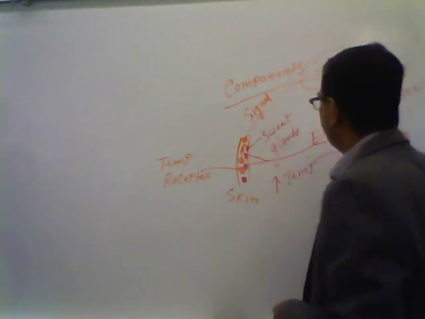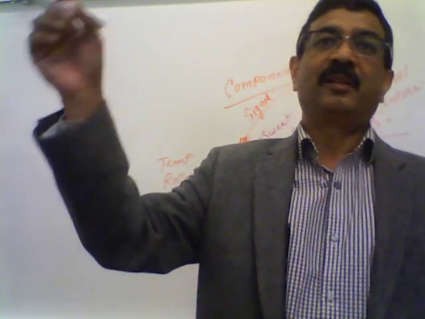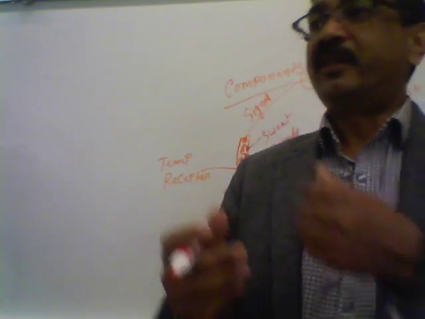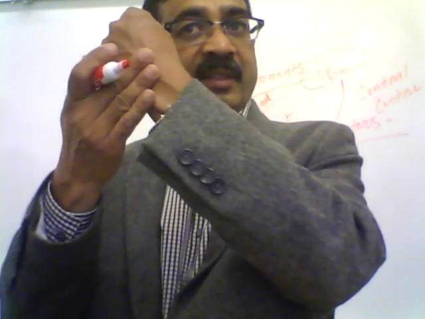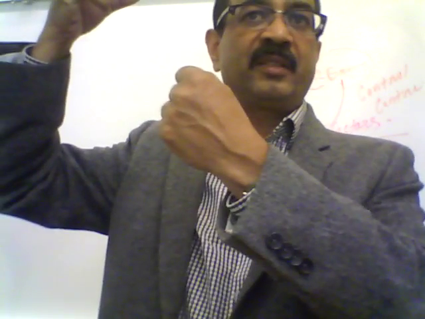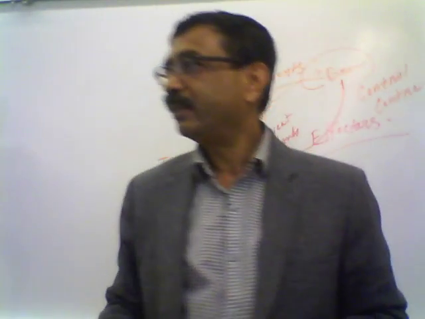Okay, effectors. Who performs the action or task? That is the effector. Okay, so receptors detect the change, control center interprets or analyzes the change and sends command to the effectors, and the effectors perform the task.